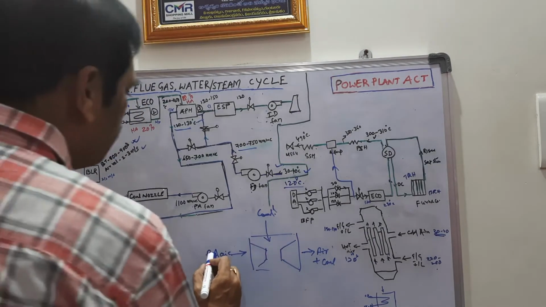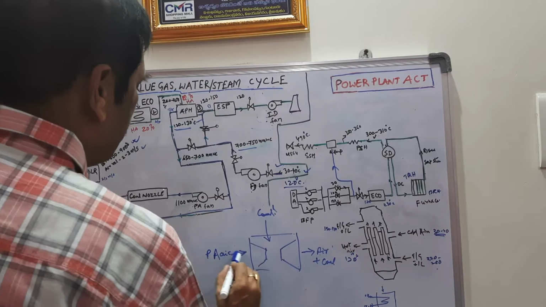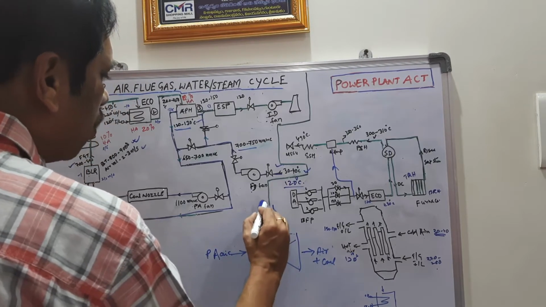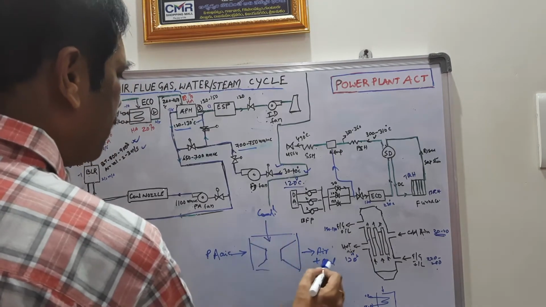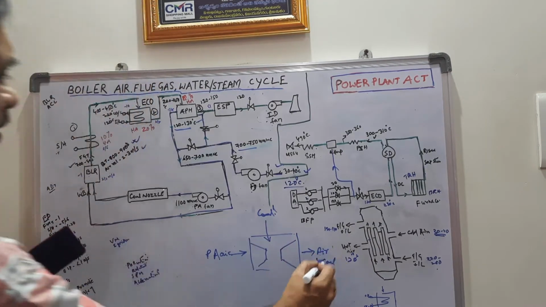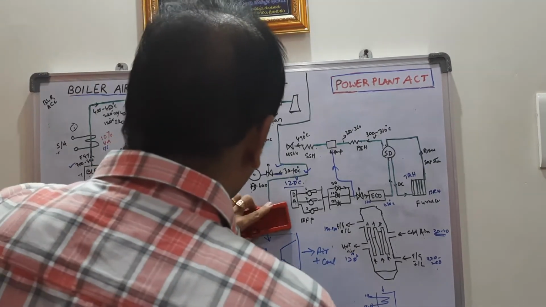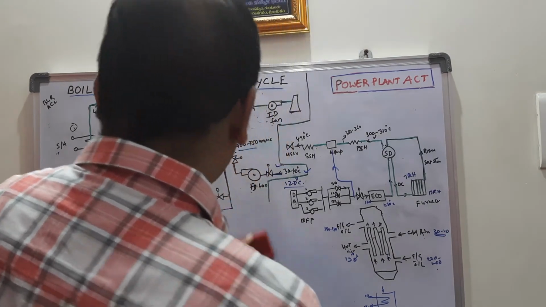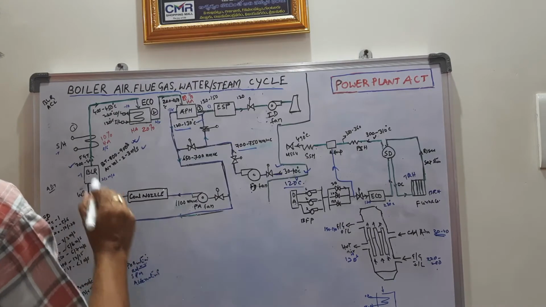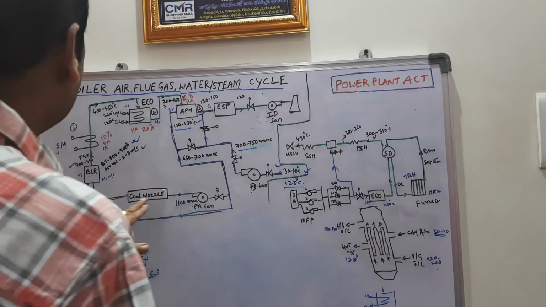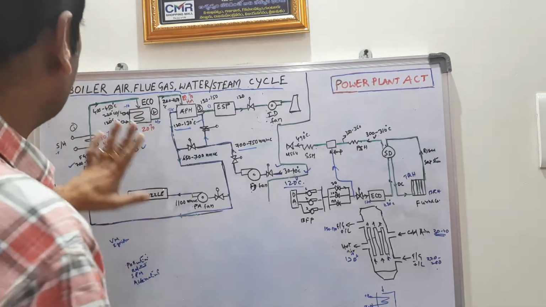So the air enters here and coal comes on top, and both coal and air go to the boiler. Okay, this is the air circuit.